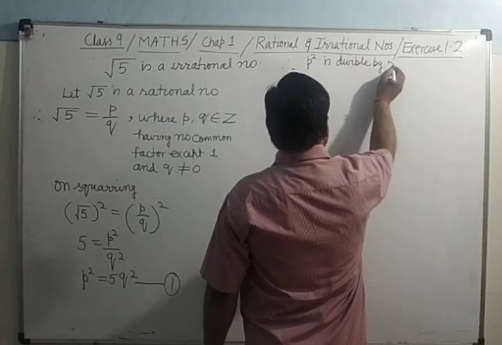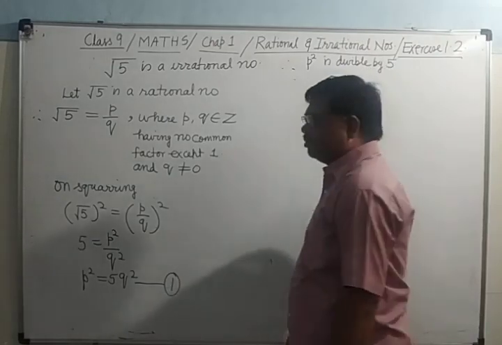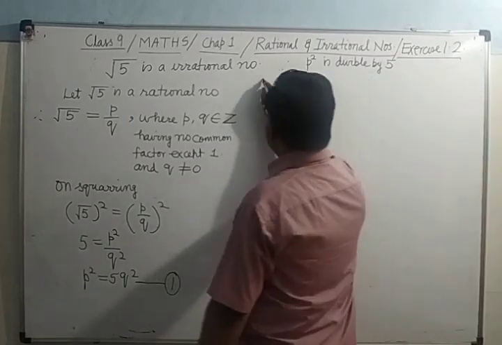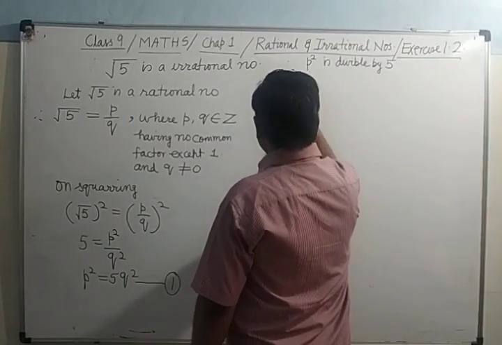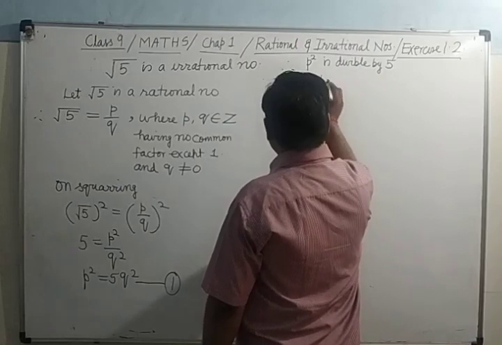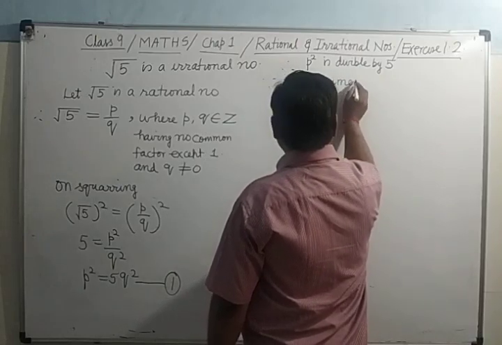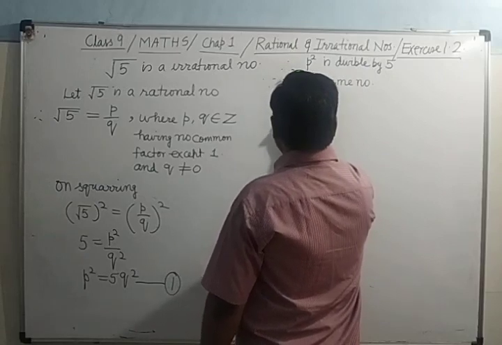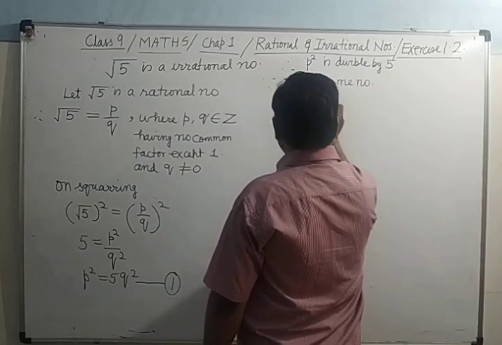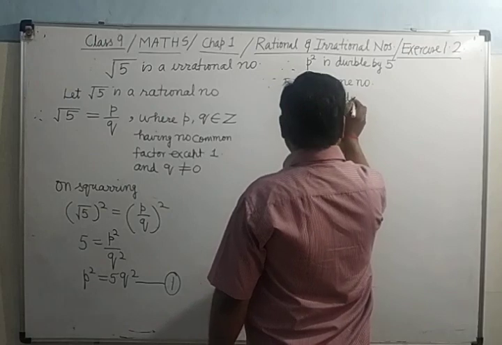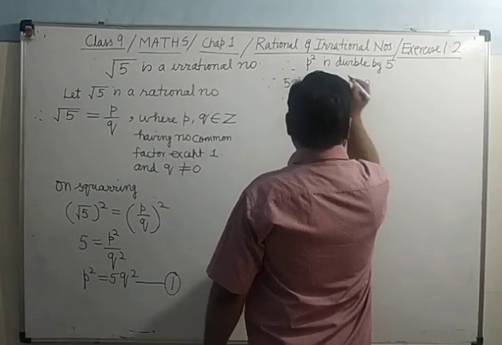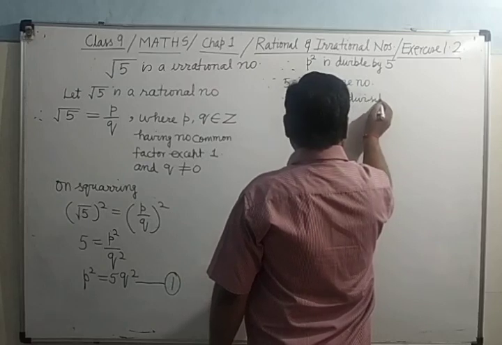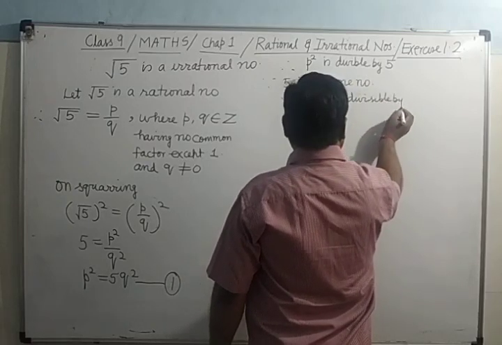Now 5 is what type of number? 5 is a prime number. Since 5 is a prime number, therefore p will be divisible by 5.